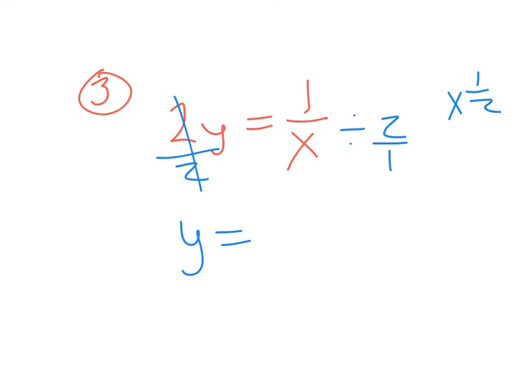This one looks weird though. 1 over x divided by 2 over 1, which would be times 1 over 2. So that'd be 1 over 2x.